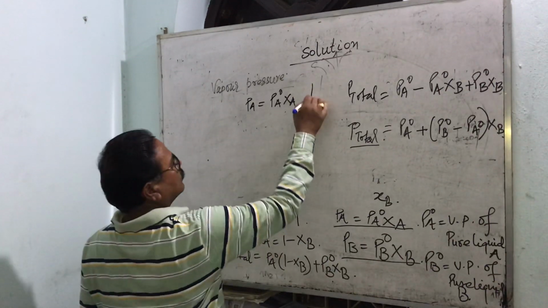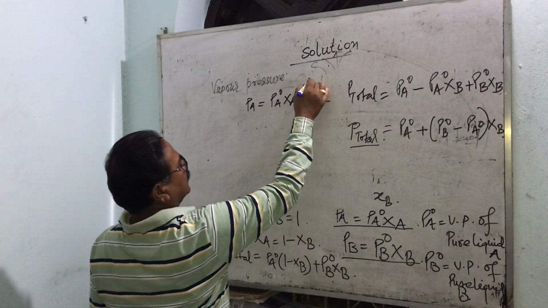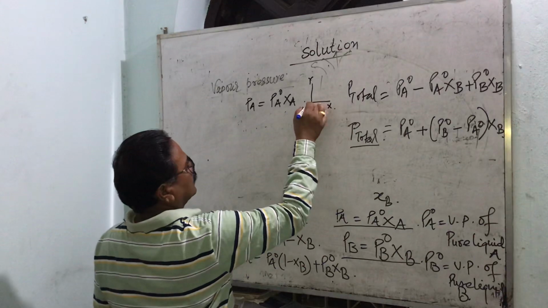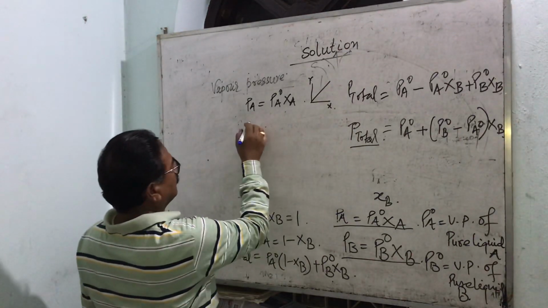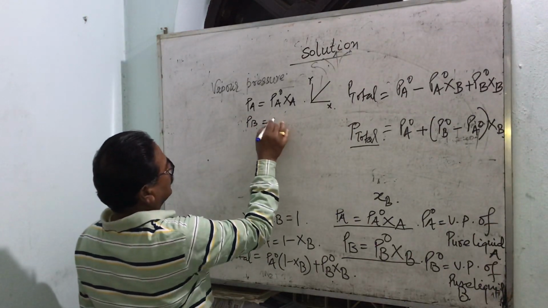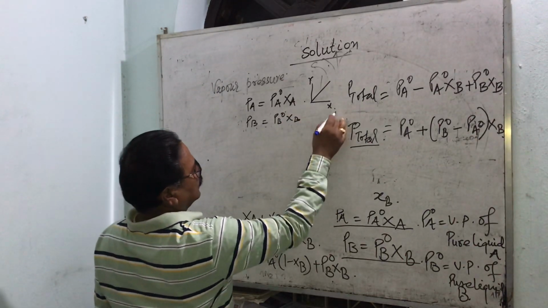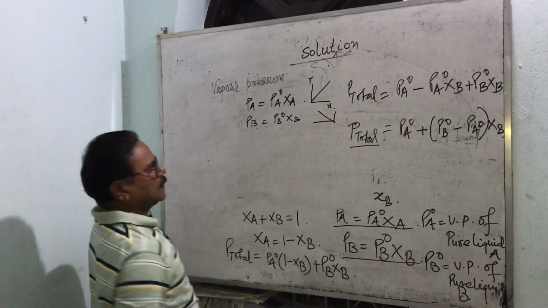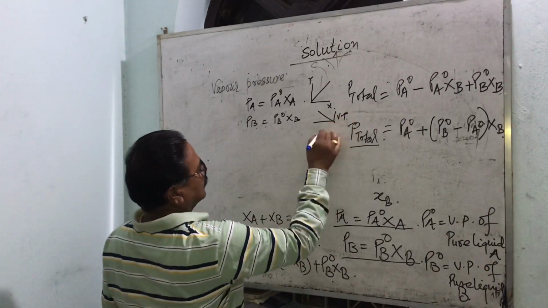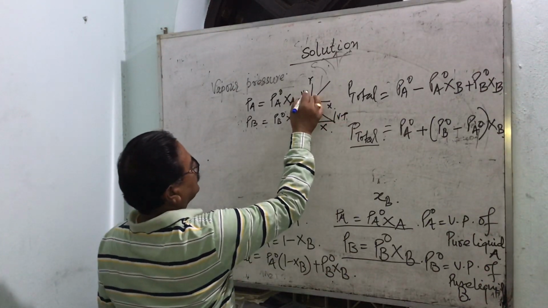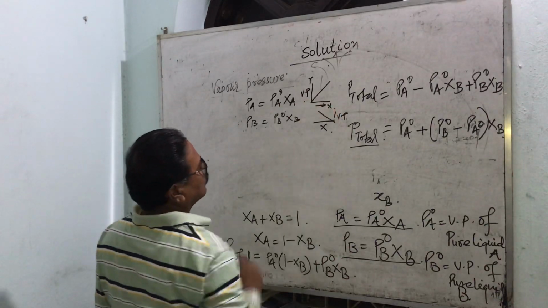This is the y-axis, this is the x-axis. And suppose we take PB, then PB naught, and this is XB. This is the vapor pressure axis, and this is the mole fraction axis.